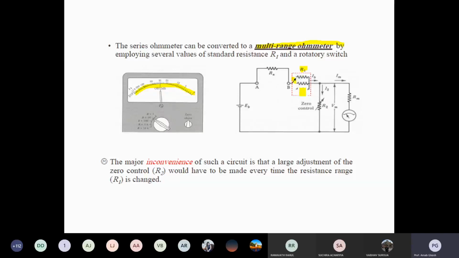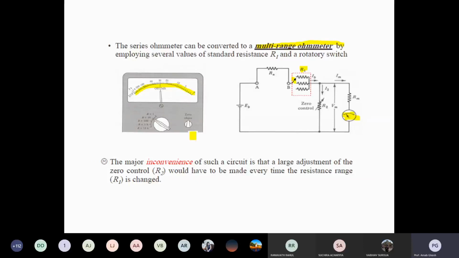So if you change the switch terminal from 1, 2, 3, definitely the range will be different as per the different values of R1. So definitely the deflection will be different. So FSD will be different. So you can get that much more range of applications of the ohm meter.